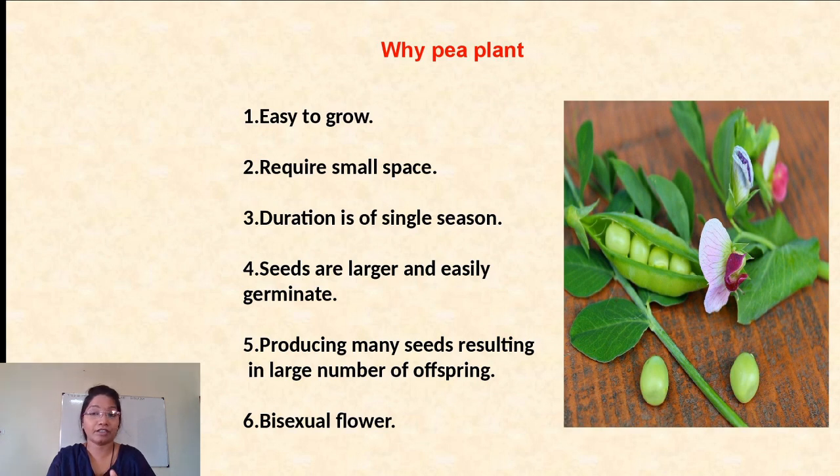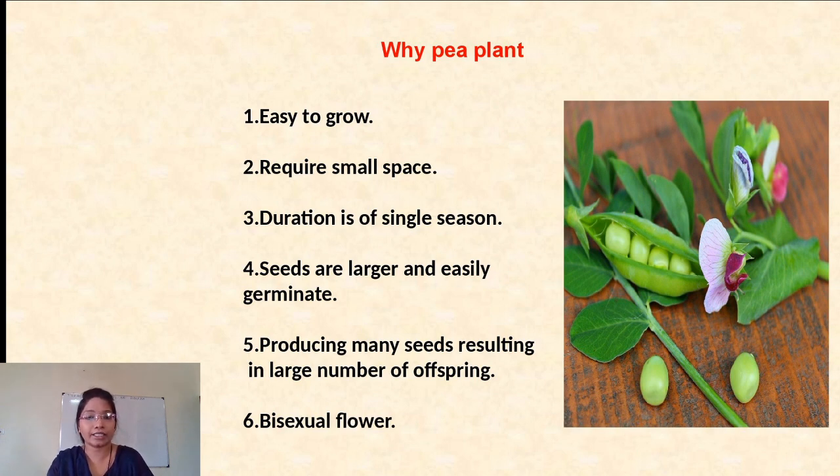The first reason is pea plants are easy to grow. Then, they require small space for cultivation. The next reason is duration of pea crop is of single season, so many generations can be studied within short duration.